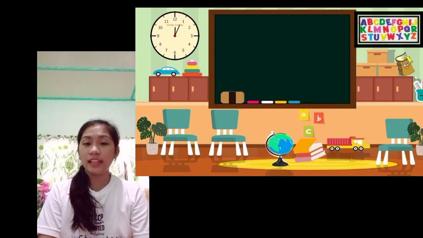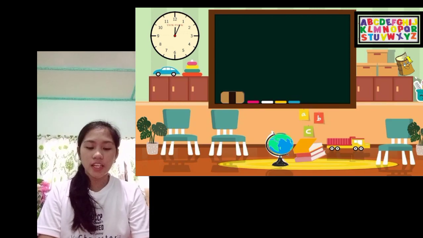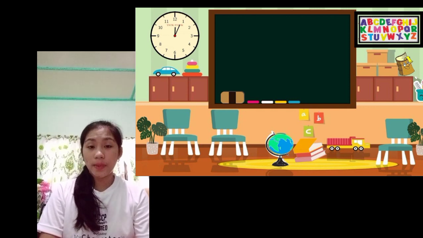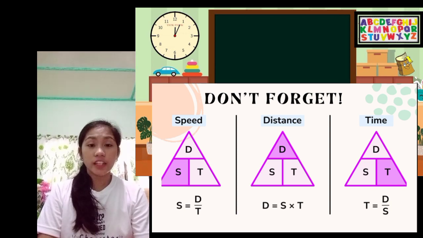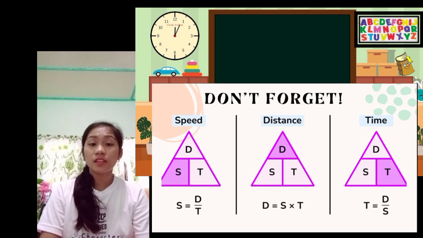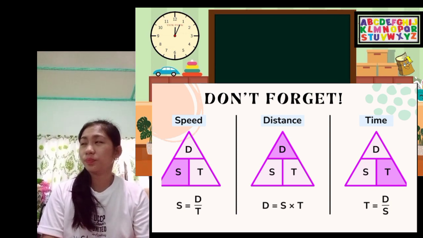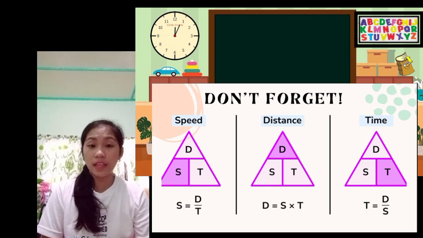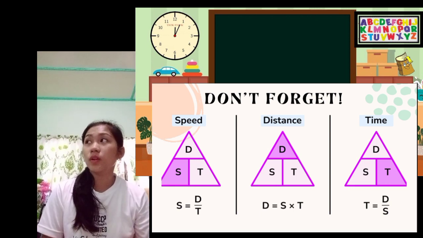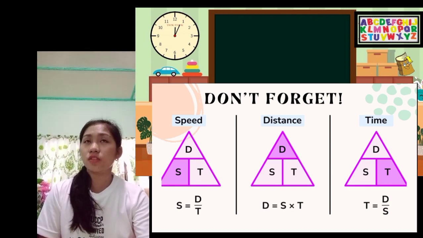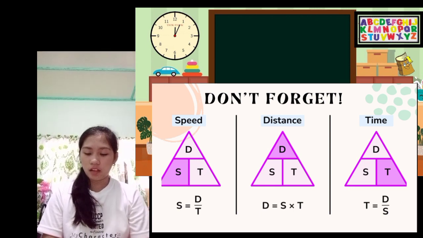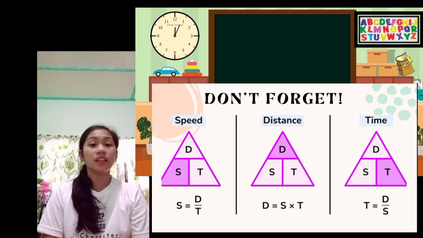So do you understand, class? Very good. So to solve the distance, speed, and time, what are we going to use? The triangle, or the Tikans triangle. So don't forget the Tikans triangle formula again.